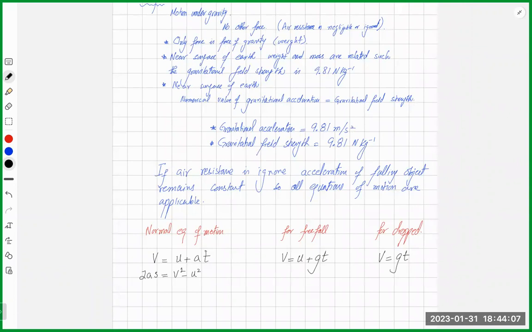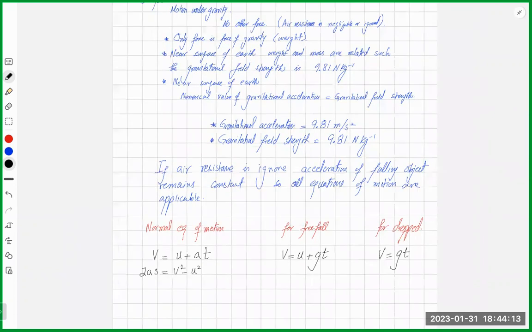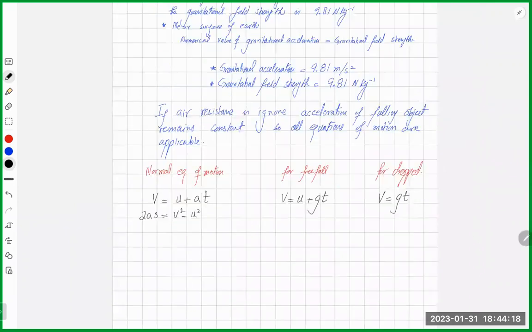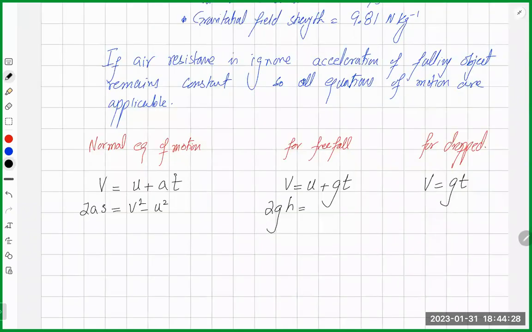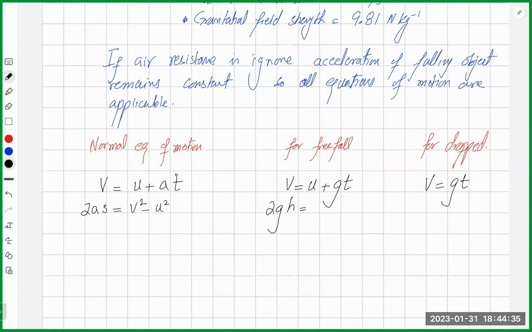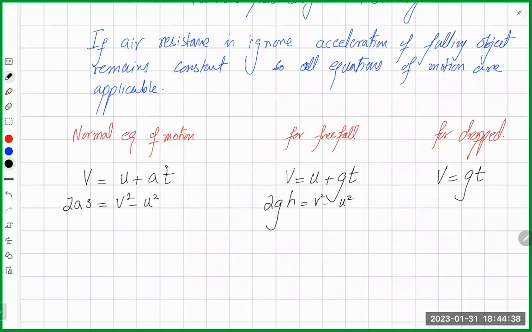Okay, listen. If 2as equals v square minus u square, how will this equation look in case of free fall? Instead of a, we will write g. Instead of s, we will write h. Why? Because when an object is moving up and down, the distance traveled is actually the change of height. So 2gh equals v square minus u square. And if an object is being dropped, then 2gh equals v square.